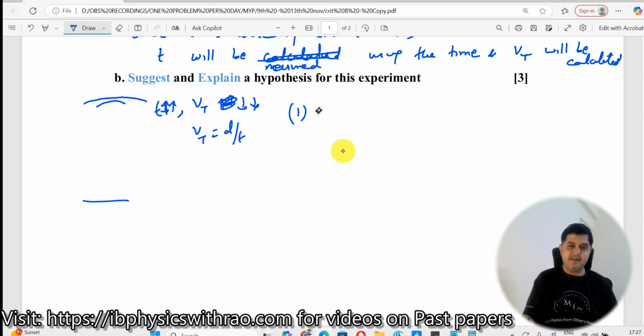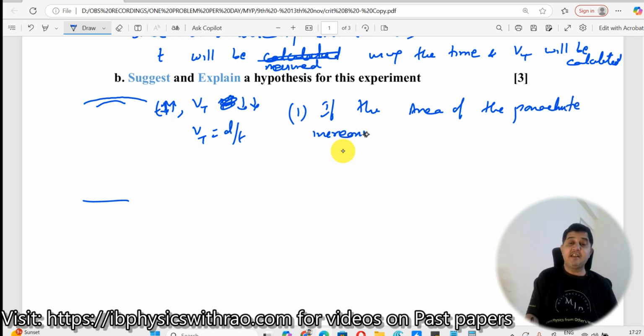So we can say, if the area of the parachute increases, which area?